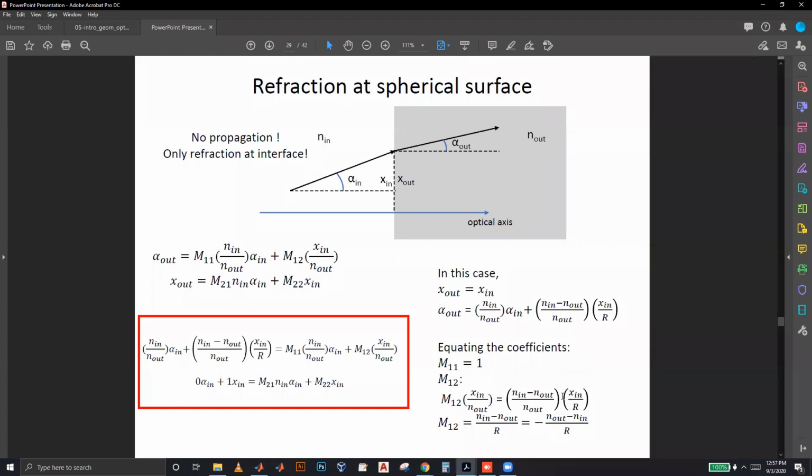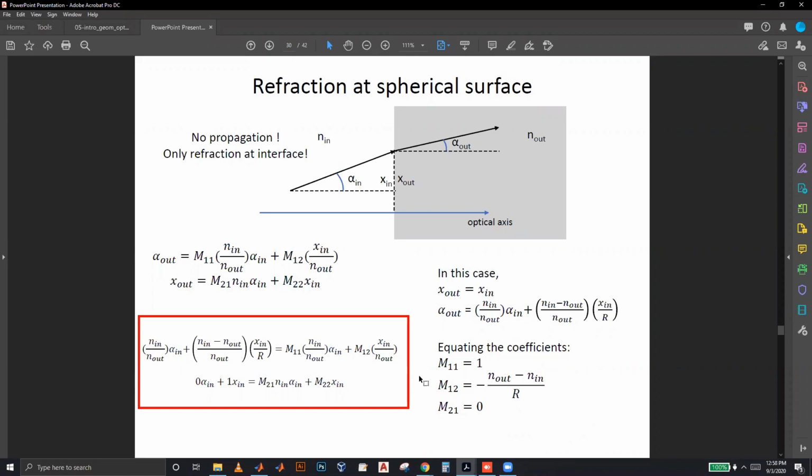So these terms are equal. And from there we do some manipulations. So basically your x ins go away, and this is the final term that you're left with, n in minus n out over r. And just to make it look such that we have the output on the left hand side, we have taken the negative sign out, so it's n out minus n in over r with a negative sign in front. So this is M12 here. So I've cleared out that part.